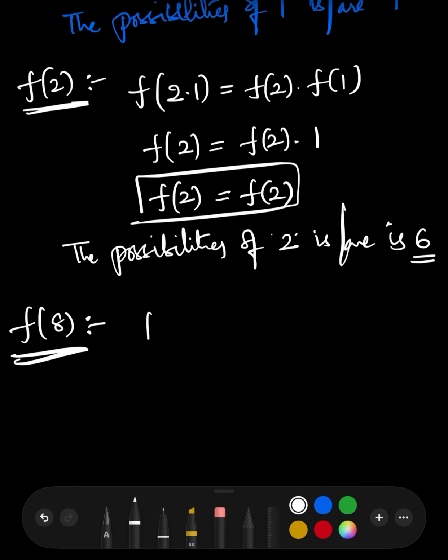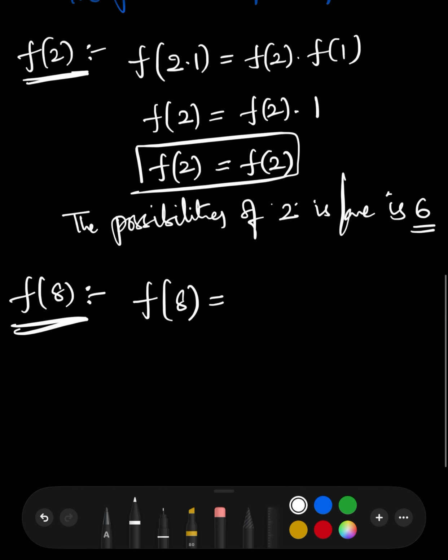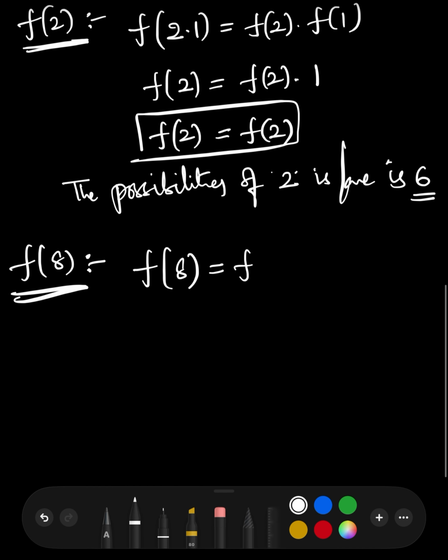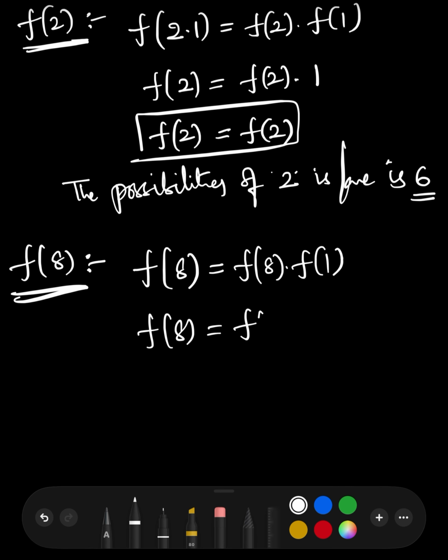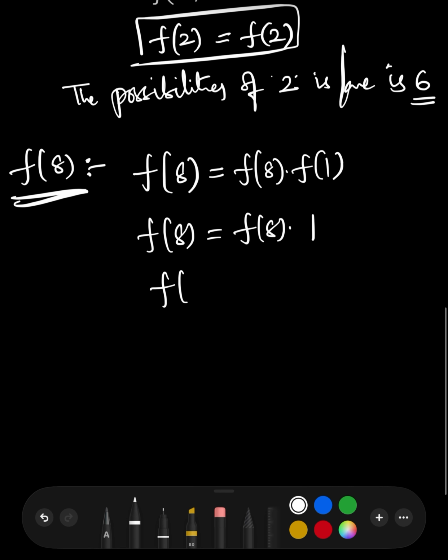So coming to f of 8, I can say that f of 8 is f of 8 into f of 1, right? So f of 8 equal to f of 8 into f of 1, which is 1. So f of 8 equal to f of 8.